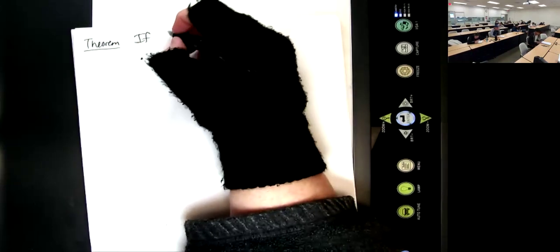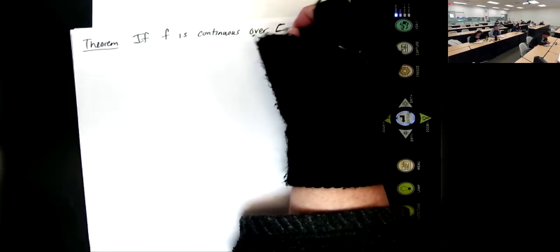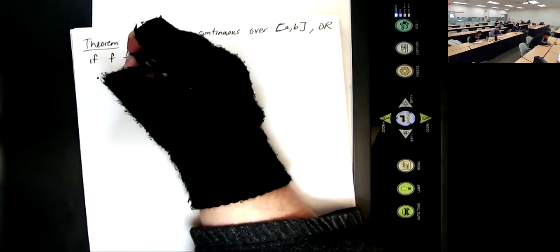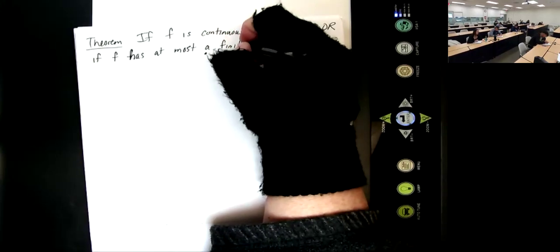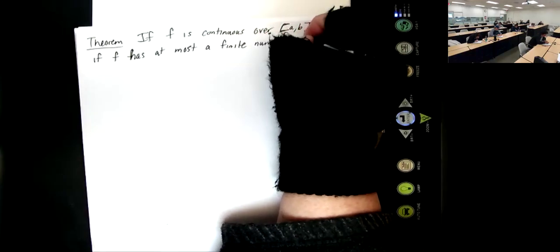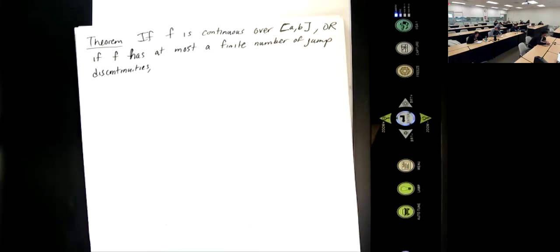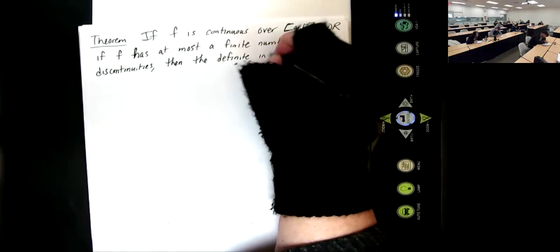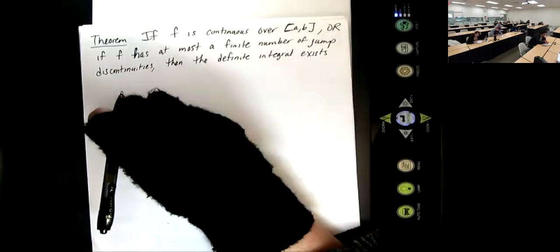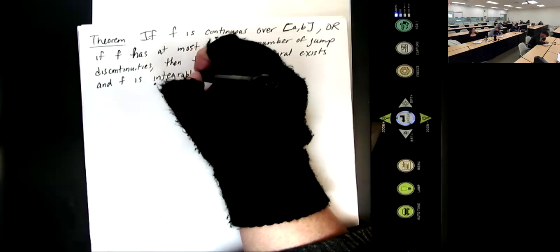If f is continuous over the closed interval AB, or if f has at most a finite number of jump discontinuities, then the definite integral exists, and f is integrable over AB.